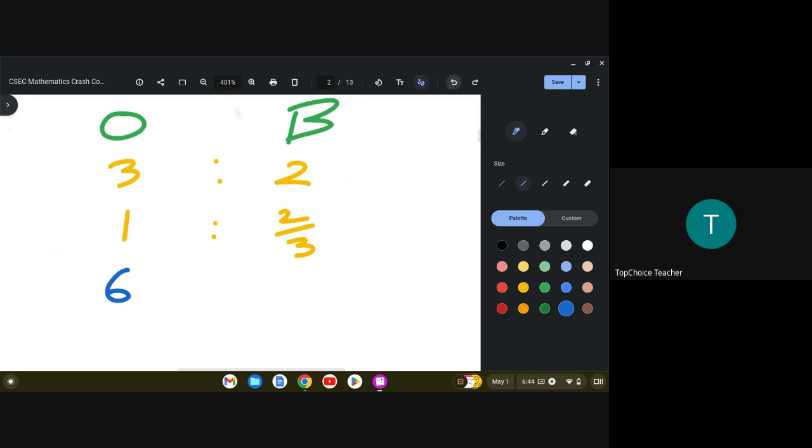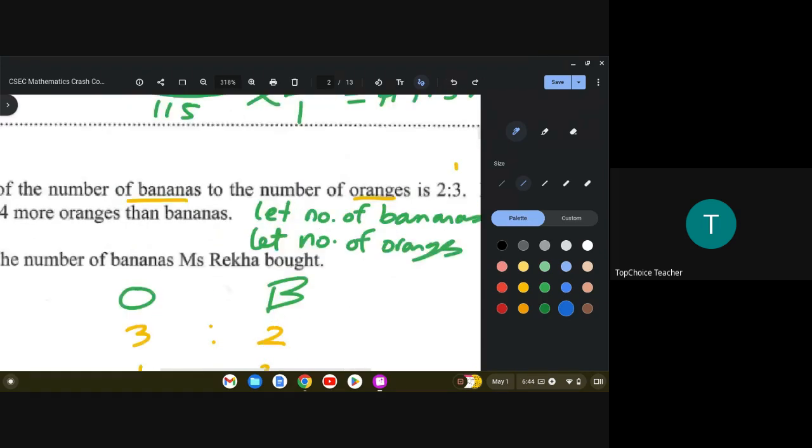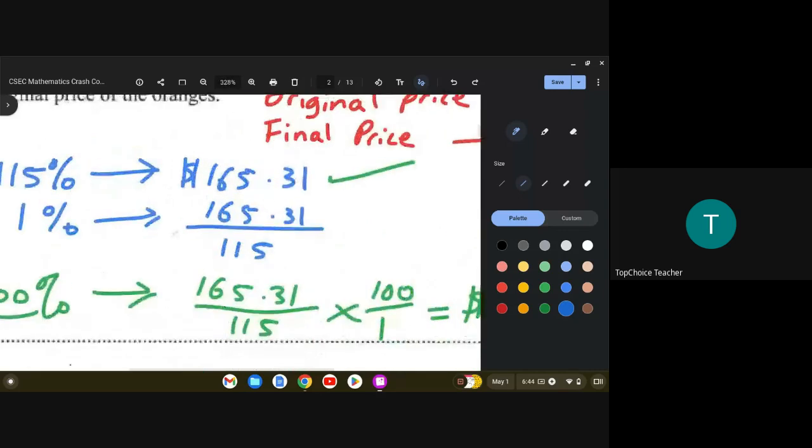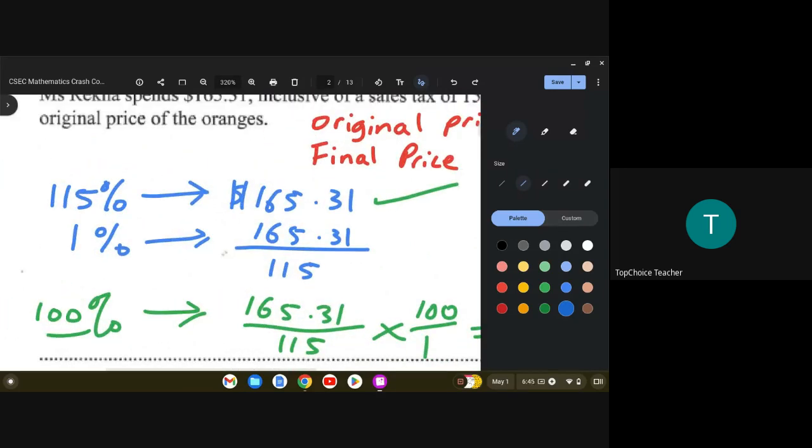So when we're doing a ratio like this, you see when we did this one with the percentage, you see how we had 100, we had 100. Let's look at the numbers. Let's ignore the question. Let's just look at the numbers. We had 115% is basically being ratio to 165.31. 1%, you always divide this number on the right-hand side by the number on the left-hand side.